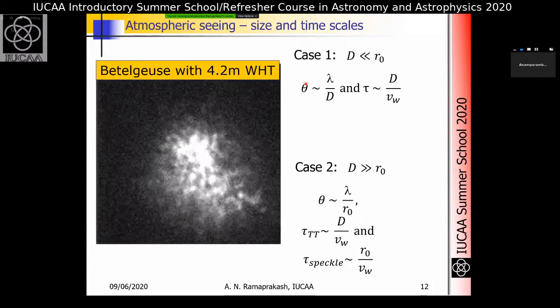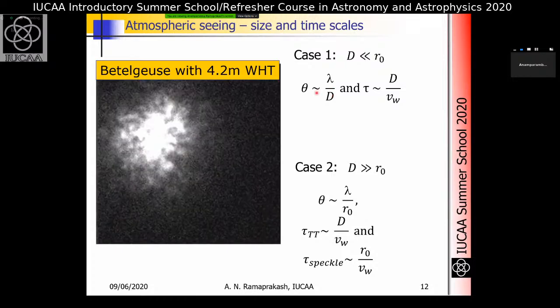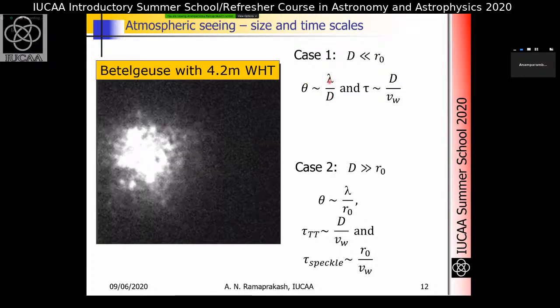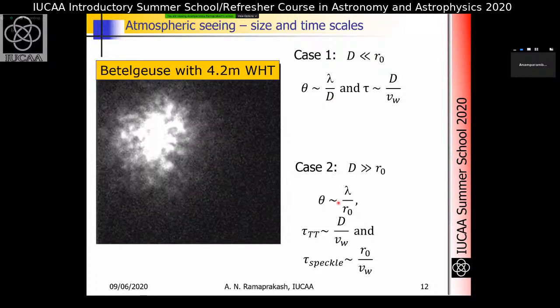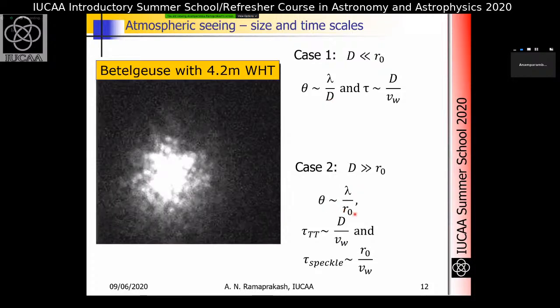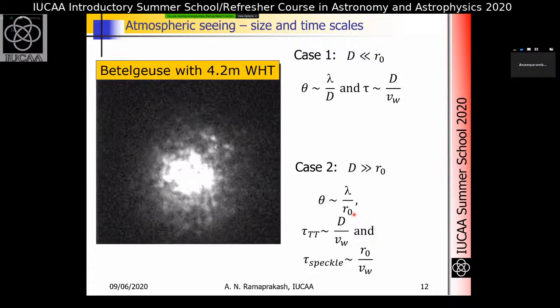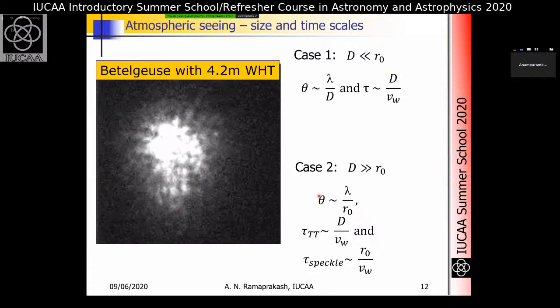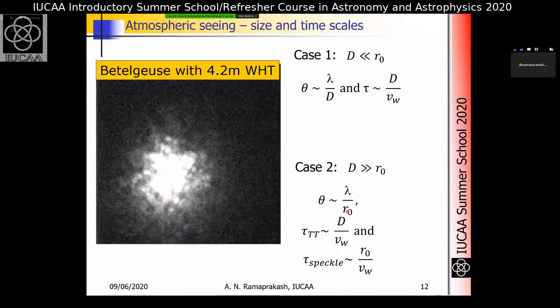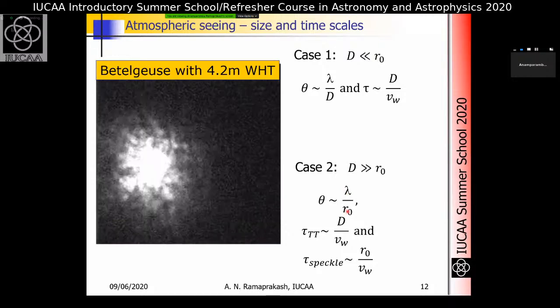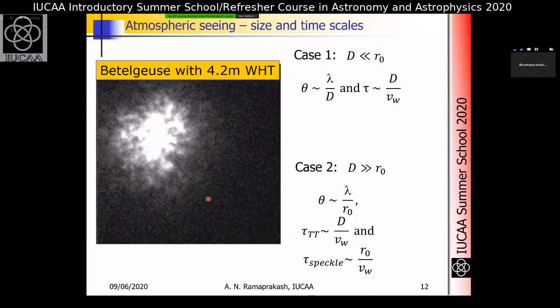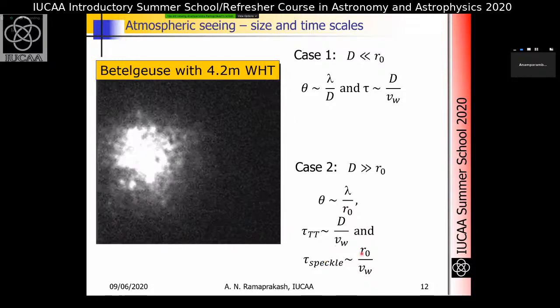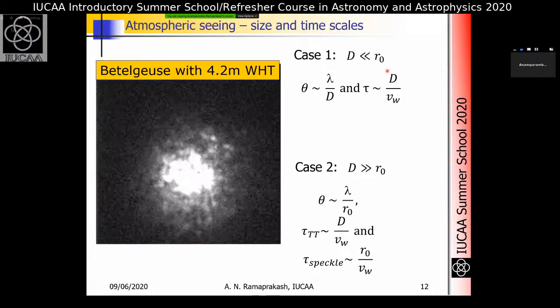So the resolution you can achieve with the telescope ideally should have been given by lambda over D, where D is the diameter of the telescope. But when the atmosphere limits it, and the atmospheric eddy sizes are smaller than the diameter of the telescope, the angular resolution you can get is given by lambda by R0, not lambda by D. And the rate at which these patterns change is given by R0 by wind velocity rather than D by wind velocity.